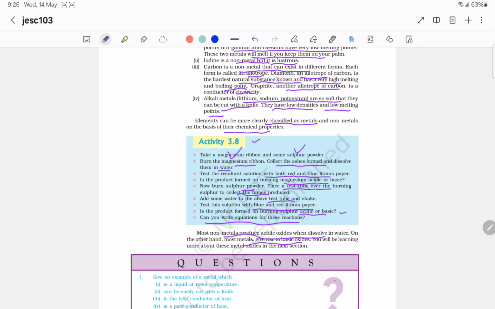When we put these oxides in water, we again check for acidic or basic with red or blue litmus paper. Most non-metals produce acidic oxides when dissolved in water. On the other hand, most metals give rise to basic oxides. So we'll learn more about this in the next video.